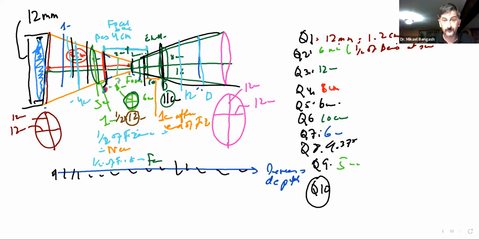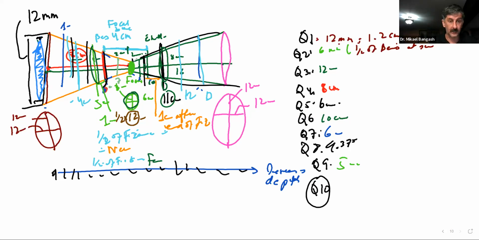Now, one is what we call focus. Now, we already said this here was your focus. Clear? The other says end of near zone. Well, this is your end of near zone. Did that make sense?